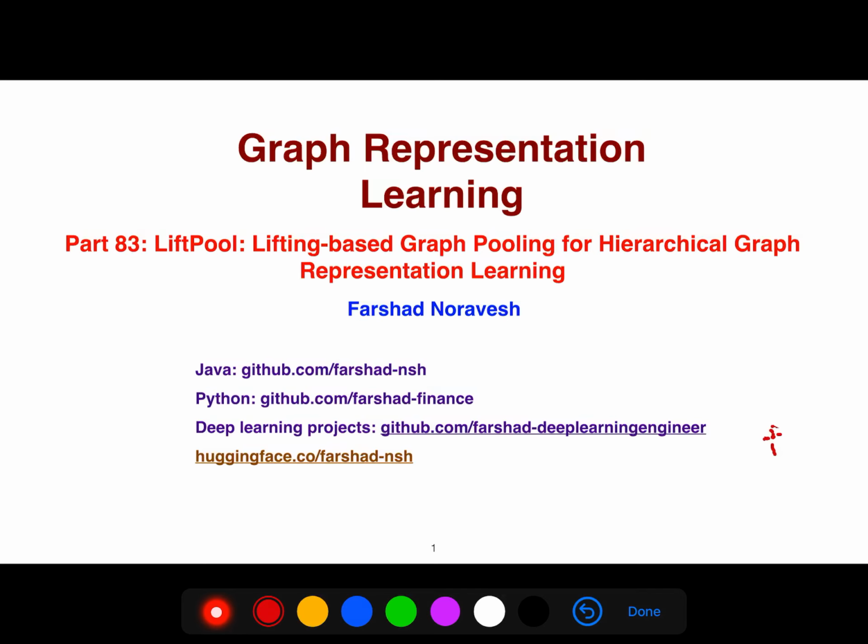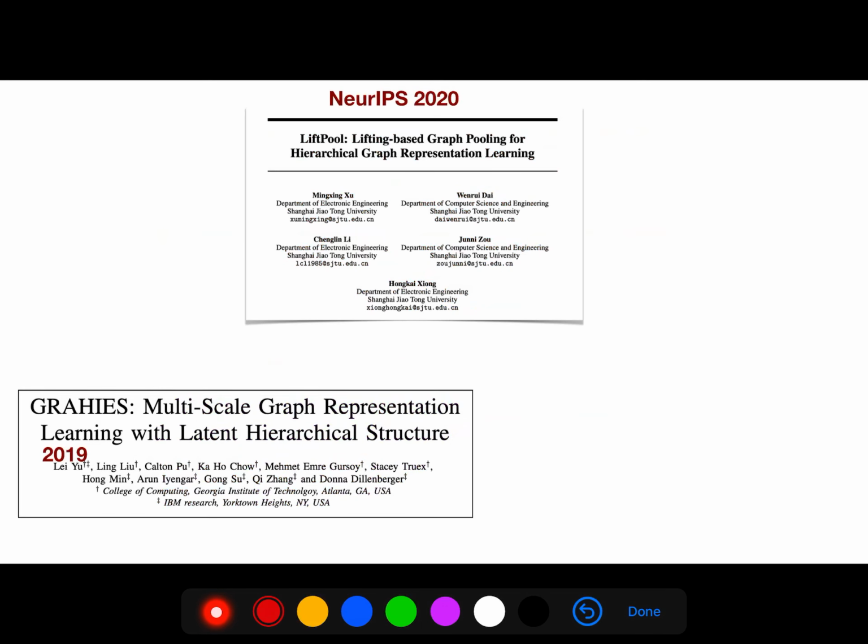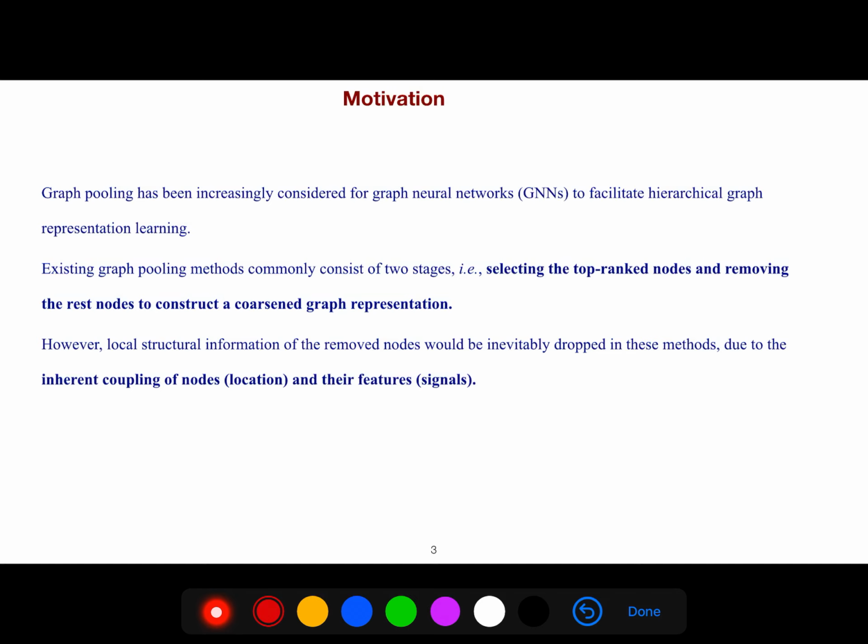Alright, so today I'm gonna be explaining another important article with the title LiftPool: Lifting-Based Graph Pooling for Hierarchical Graph Representation Learning. This NeurIPS paper is from 2020. Graph pooling has been increasingly considered for graph neural networks to facilitate hierarchical graph representation learning.